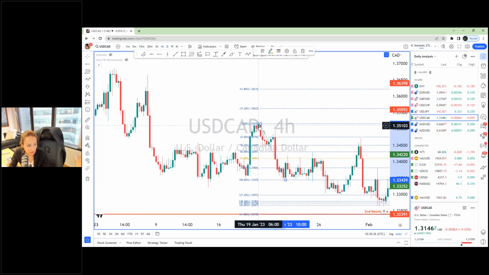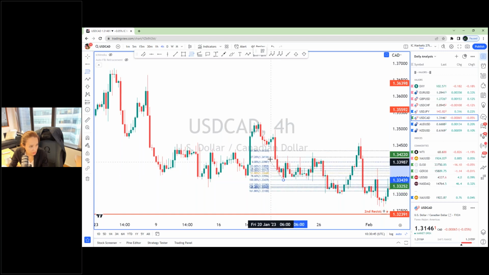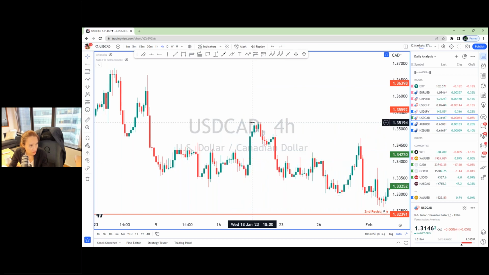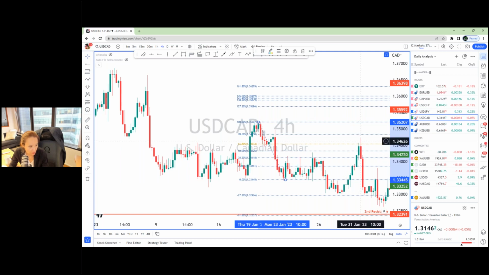That's wrong. You cannot draw from your right to the left. Always left to the right like this. And then price taps in 61.8% here, and then price comes down.